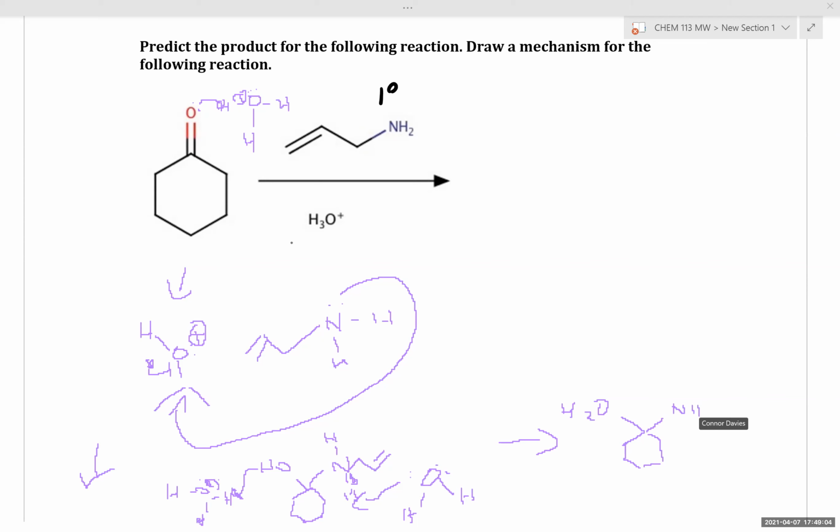So after the proton transfer, we've now activated water as a leaving group. And so from here, we can kick out water and generate an iminium.